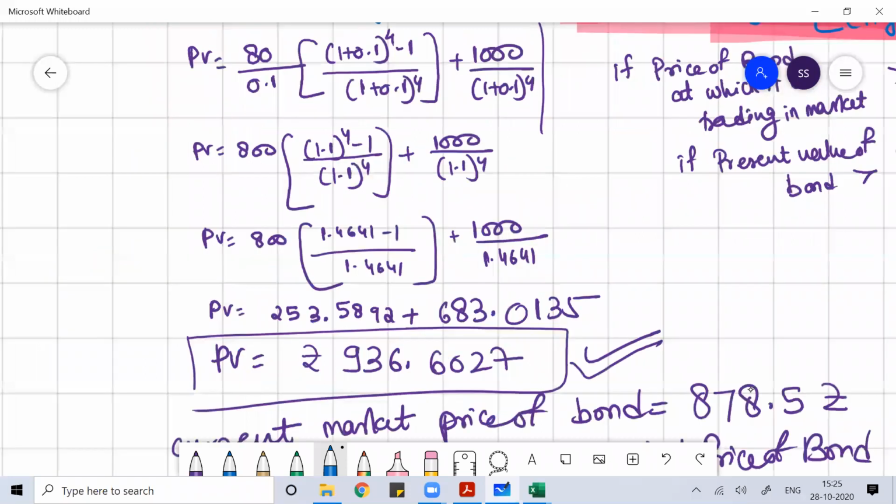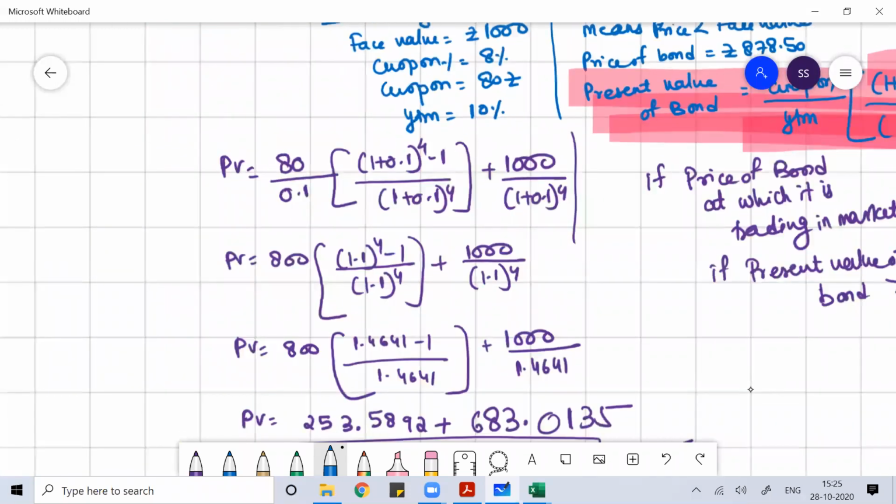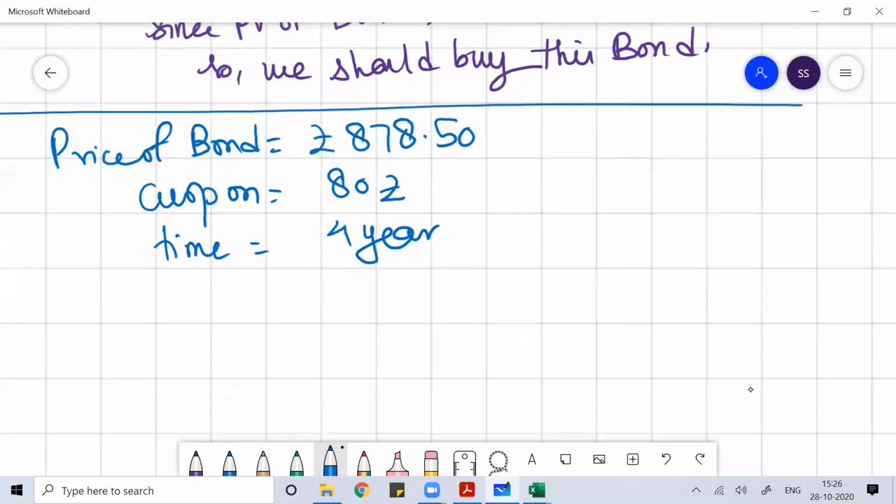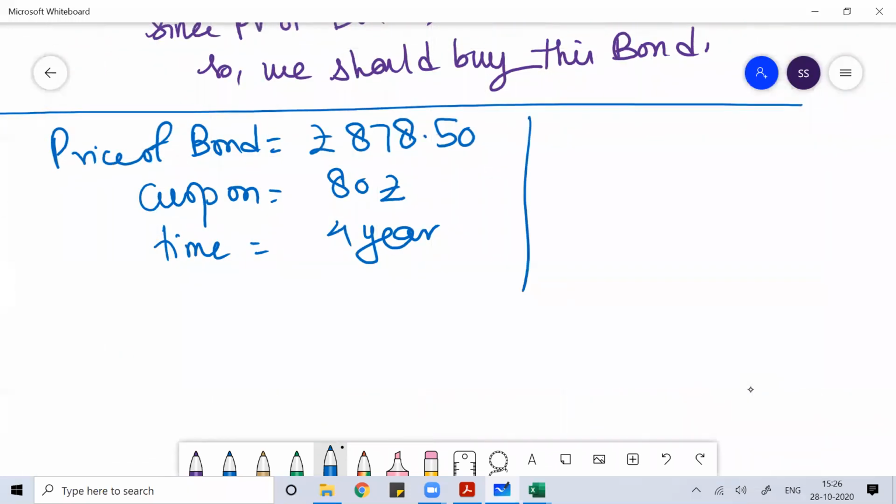Okay, then what else do you require? The face value is 1000. So I need to determine the YTM.